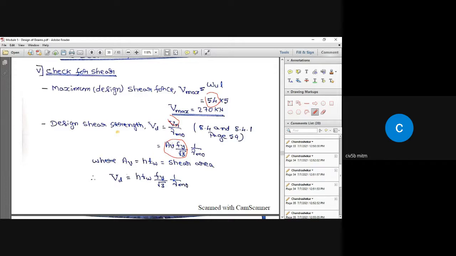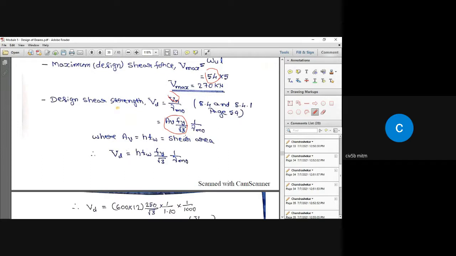This is the shear area. Shear area is given by the thickness of the web of the section multiplied by the total depth. There is going to be a small thin rectangle. Okay, that is the shear area, multiplied by Fy by root 3, which is the shear strength, of course, per unit area.